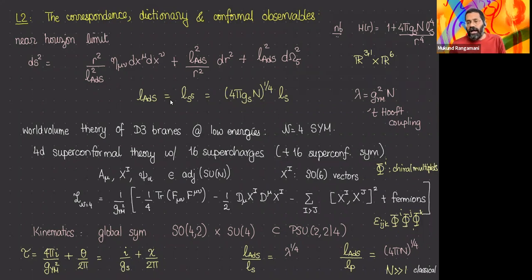A priori, I don't need to take lambda very large. In fact, the way 't Hooft was thinking about it, he was thinking about taking lambda small because he wanted to do perturbation theory at large N. However, if I take lambda small, then the AdS space is of the size of the string scale, which means that stringy excitations are just as important in that AdS space as classical gravitational excitations.